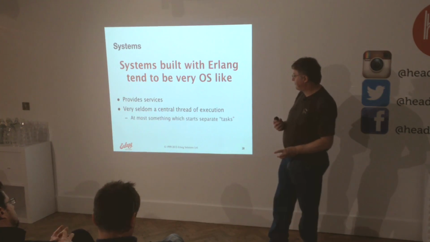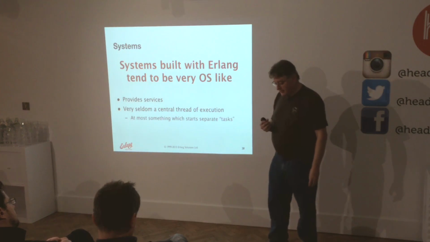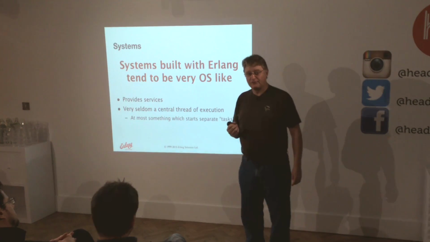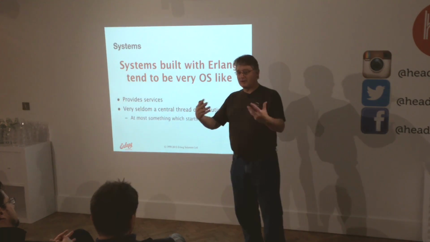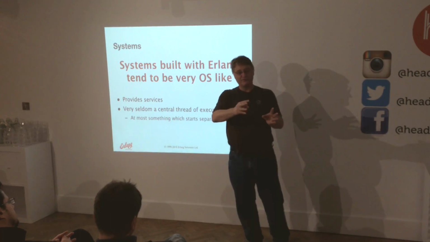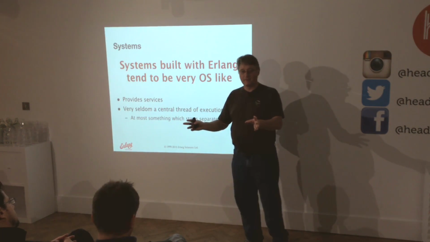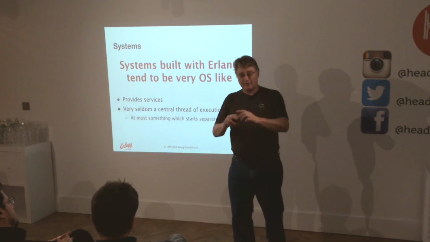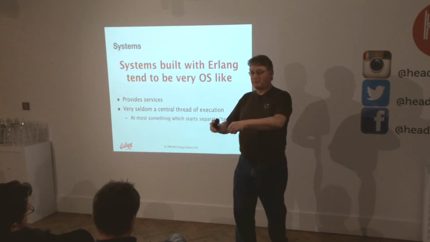Yeah, so a bit about systems. When you start looking at Erlang systems, the structure of them tends to be very operating system-like. When you start up a normal operating system, you'll start up a number of processes, and there'll be processes for doing things. If I want a shell, I'll pop up a shell process, and I'll get a window. And if I want another shell, I'll pop up another shell process.